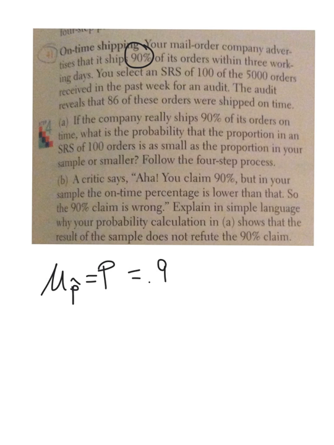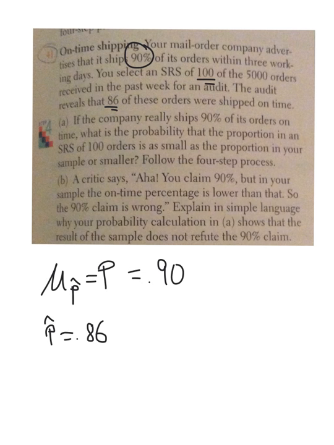Okay, and then they say they take 100 and 86 of those orders were on time. So our p hat from our sample is going to be 0.86.